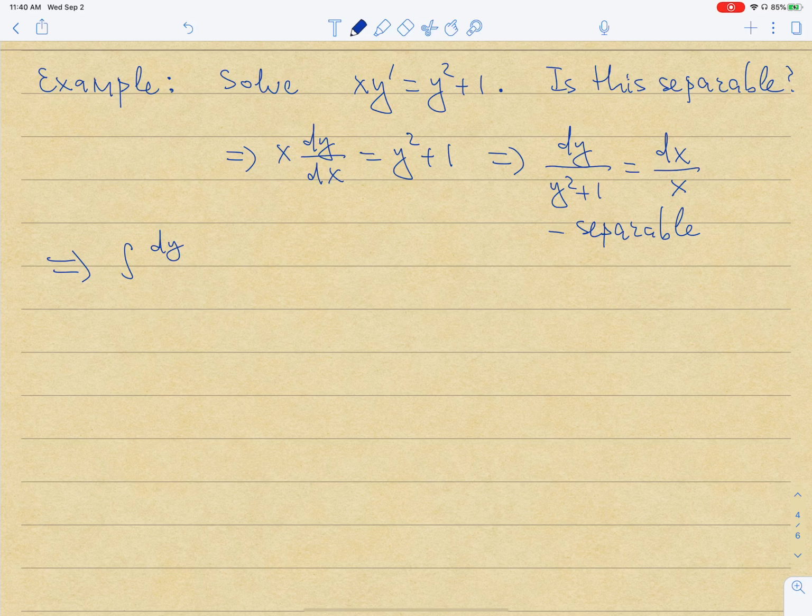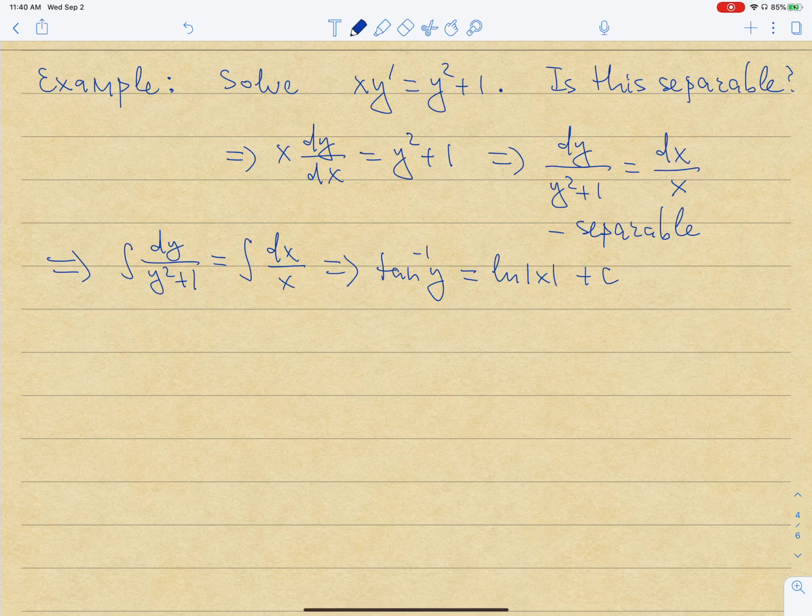Integral of dy over y squared plus 1 is the same as the integral of dx over x. Then you should recall that the integral of 1 over y squared plus 1 is arctangent of y, and the integral on the right is natural log of absolute value of x plus a constant.